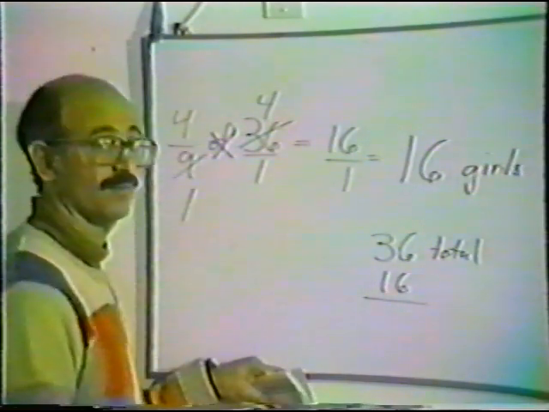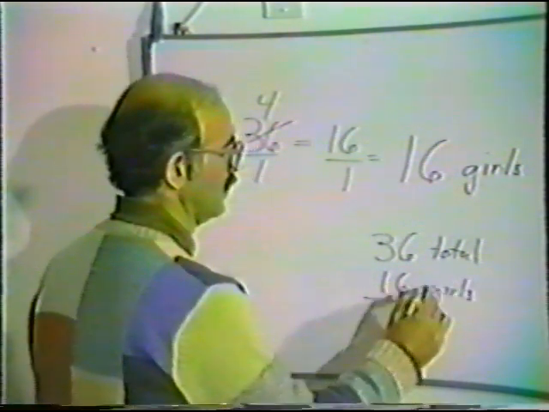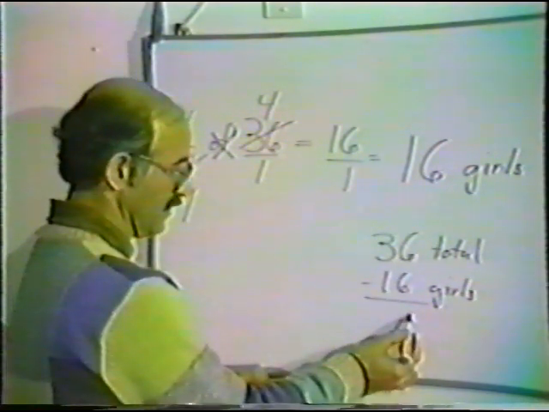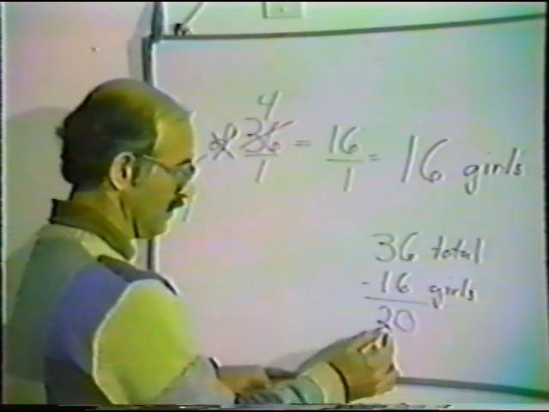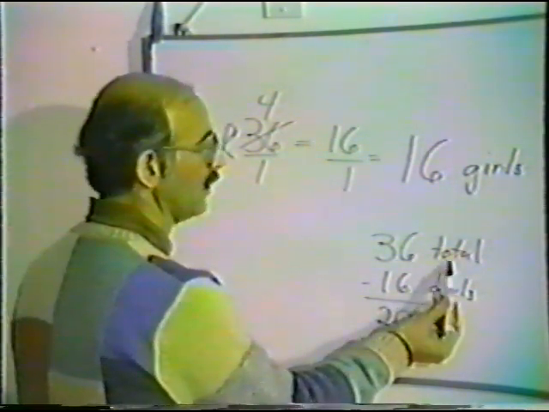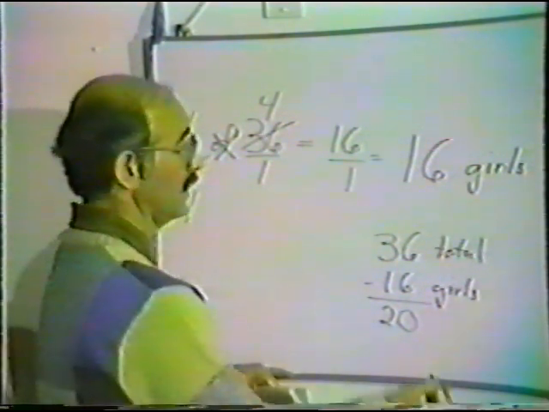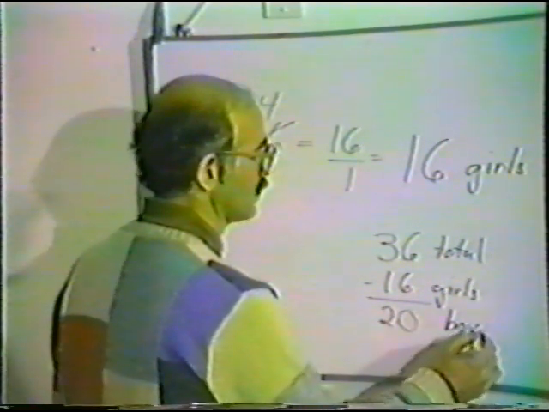What do I do with those 2 numbers? Subtract. 6 take away 6 is? 0. 3 take away 1 is? 2. If the total was 36 and 16 were girls, then 20 were boys.